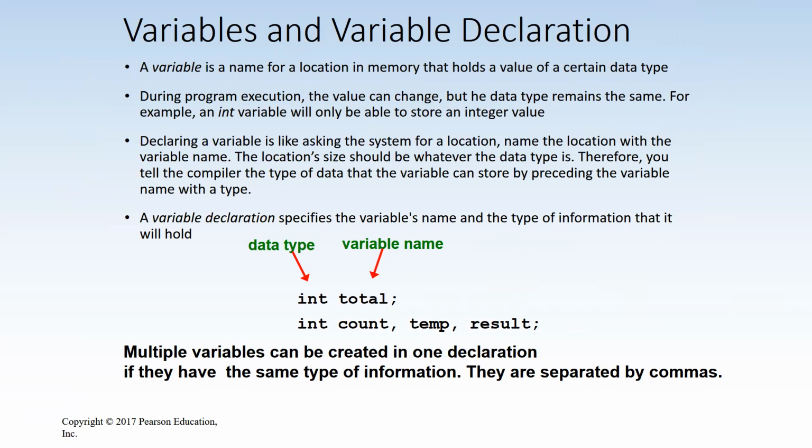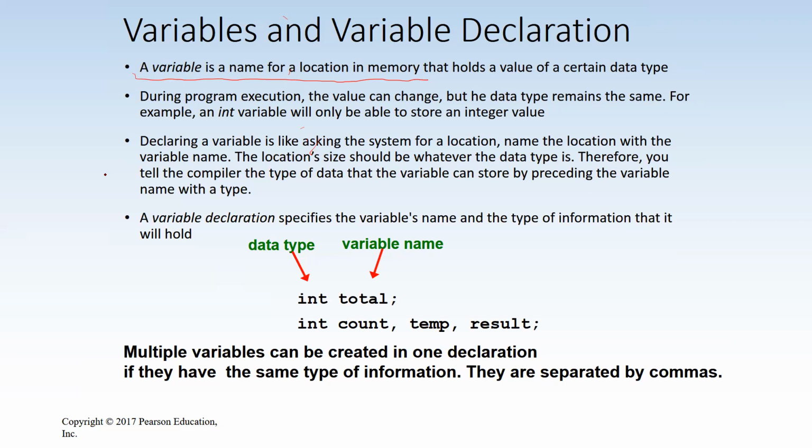A variable is a name for a location in memory. Remember, your computer has a CPU, it has memory, it has the hard disk, and your CPU and your memory are all on the motherboard. They are integrated, right? So memory is just like a storage space, like a building, and it's divided into cells, into blocks.